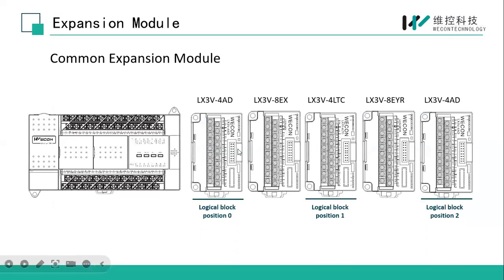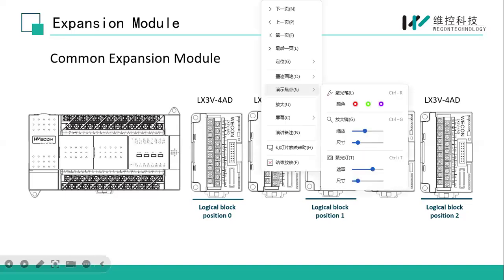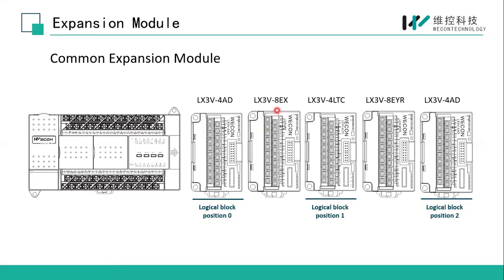So here is the connection of the modules to the PLC host. You can see there are 5 modules, and the first module we set as position 0. And then the second module here is a digital input module, so we don't need to set the position number.